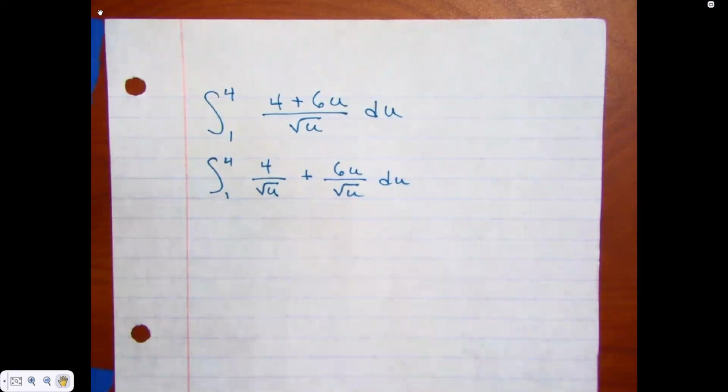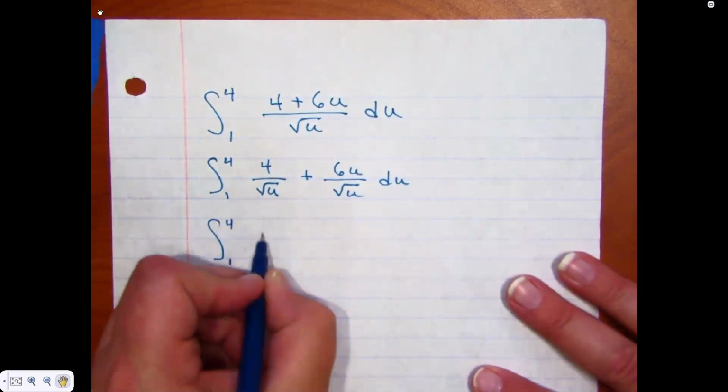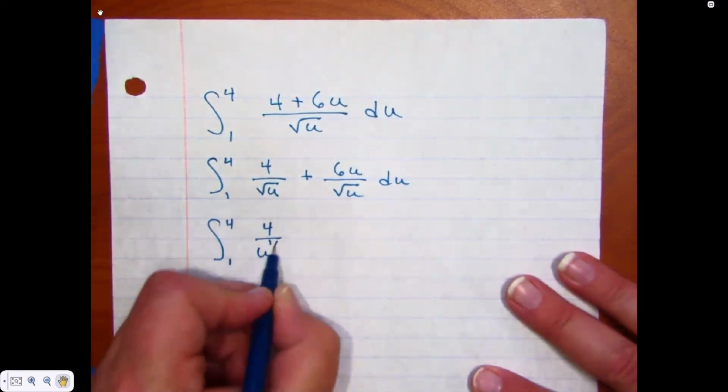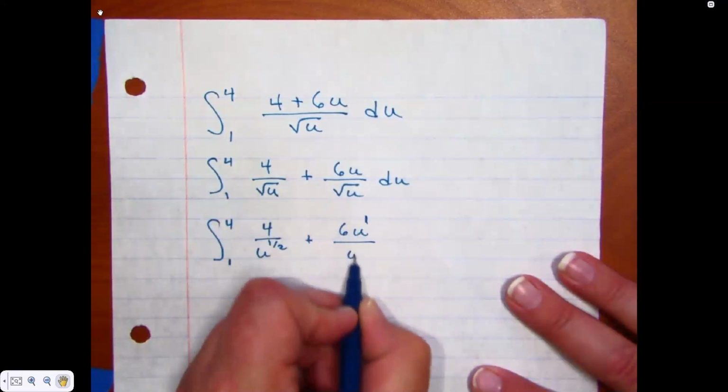And then maybe we could have done it right away. The square root of u, we're going to write as u to the 1/2. So from 1 to 4, 4 over u to the 1/2, and then 6u to the 1st over u to the 1/2.